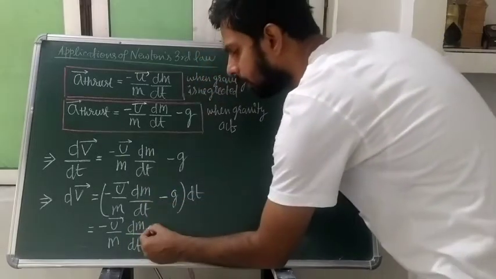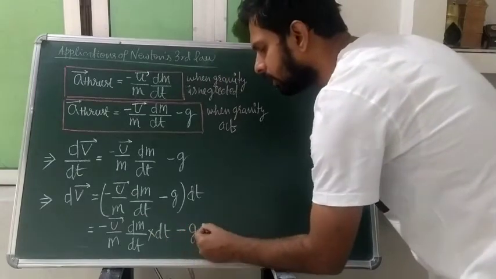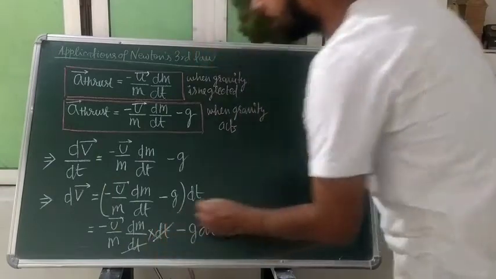This del t will get multiplied here, and we get minus g del t, and this del t will get cancelled out.